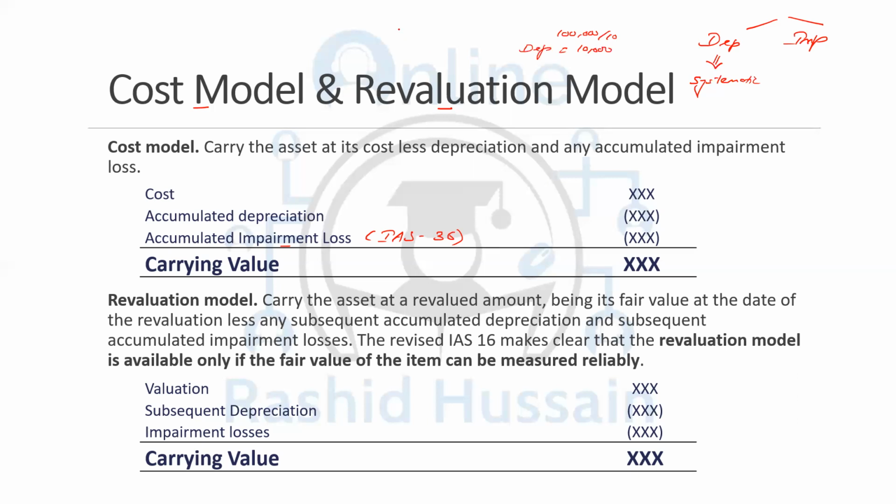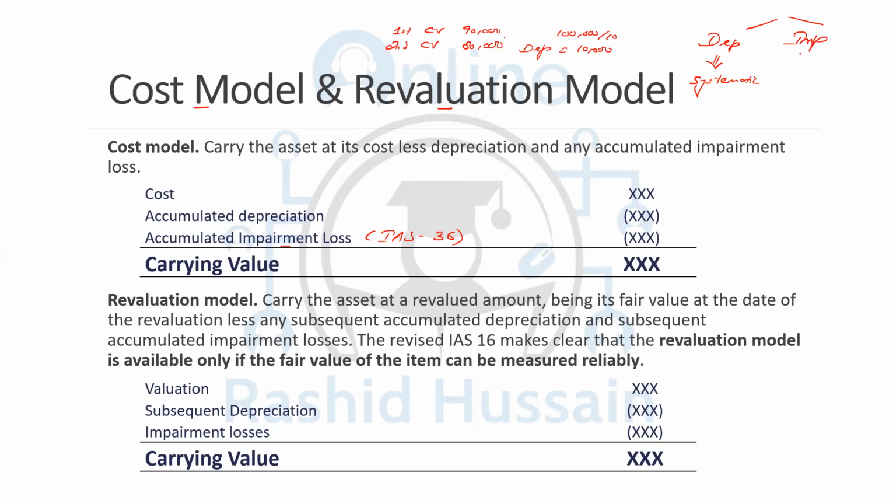By the end of the first year, the carrying value of the asset is going to be 90,000. By the end of the second year, it is going to be 80,000, and so on. This is the systematic allocation of the depreciable amount over its useful life. Every year you are charging 10,000 as an expense, and you're deducting it from the cost of the asset, so it's decreasing the value of the asset.